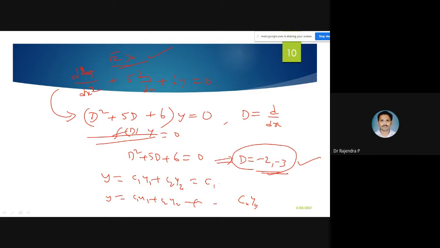So in place of y1, I'm taking the exponential form e power m1x, meaning one root, e power minus 2x, plus C2 times the exponential form e power minus 3x.